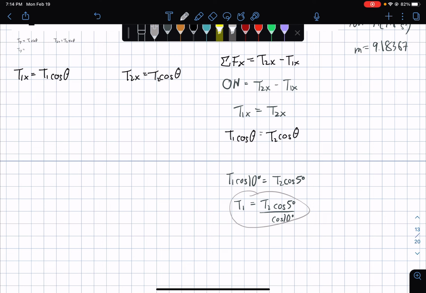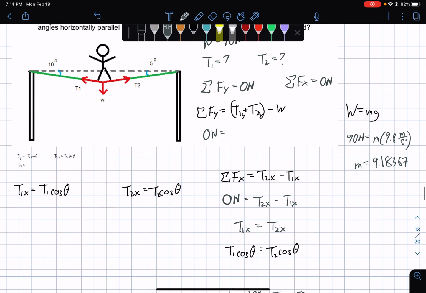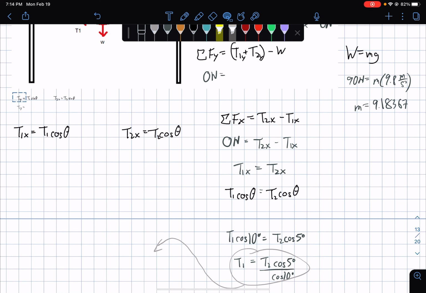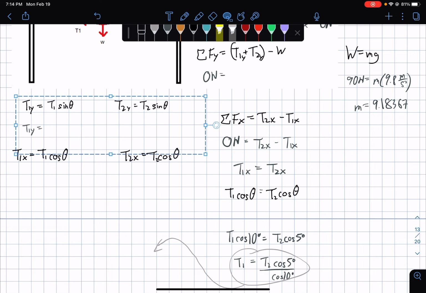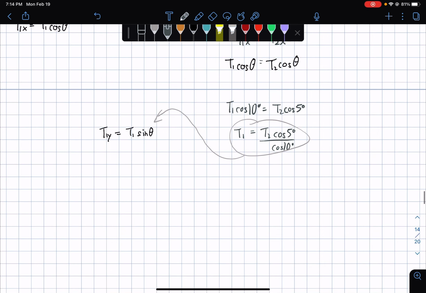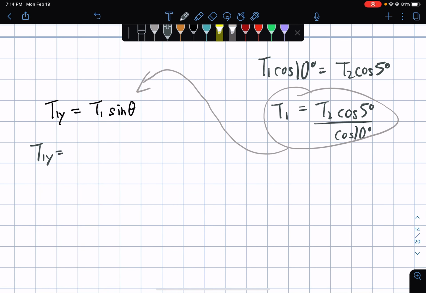And from there, this is where we make use of the T1y and T2y, or at least just the T1y. So T1 is equal to T2 cosine 5 over cosine 10 degrees.